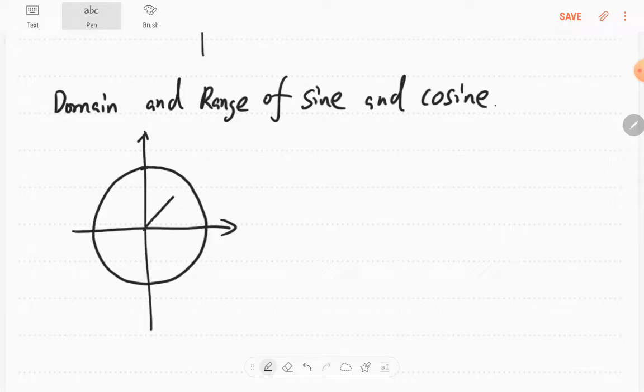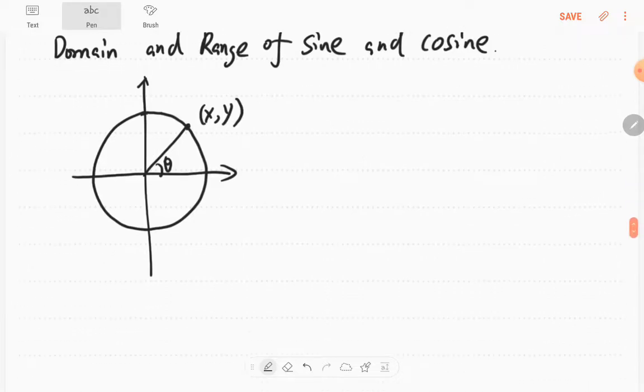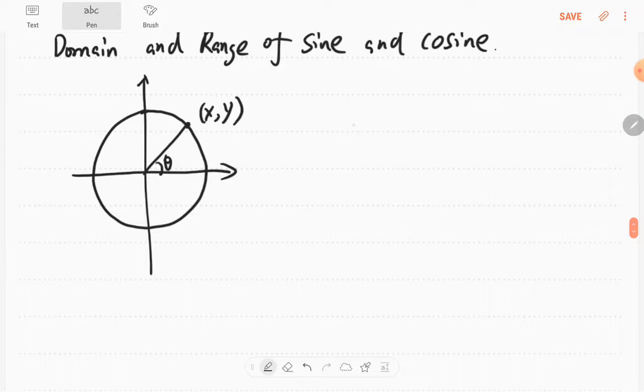If you have a theta here, and this is x and y, we know that y is equal to sine theta, as we just calculated.